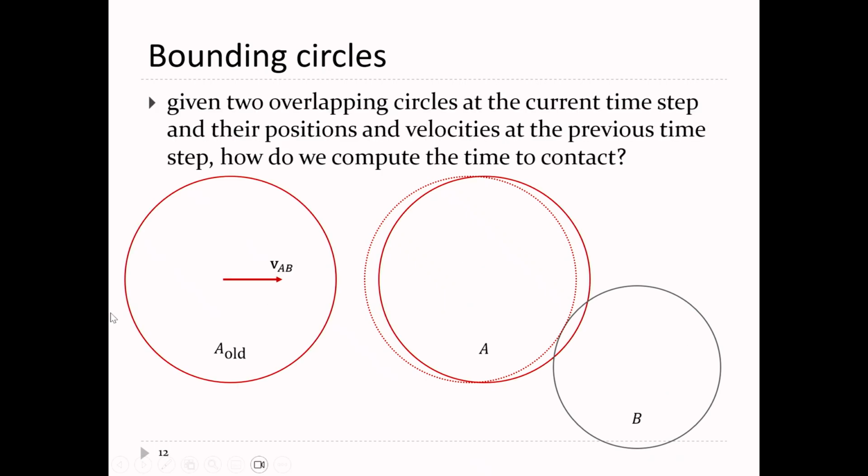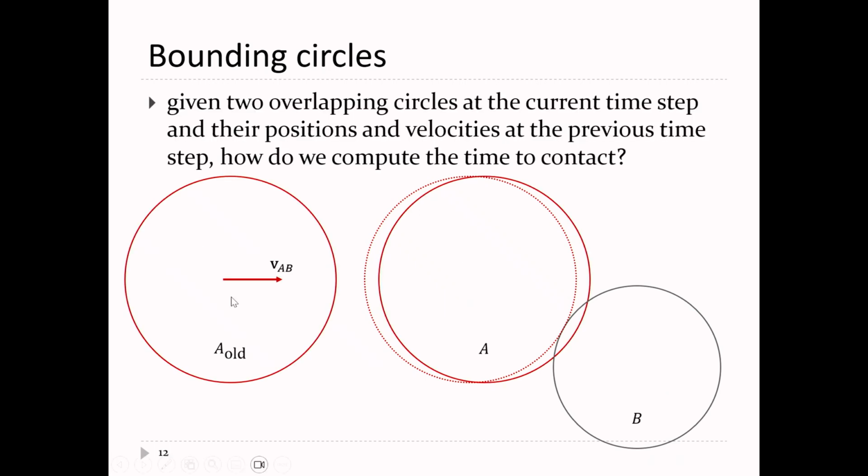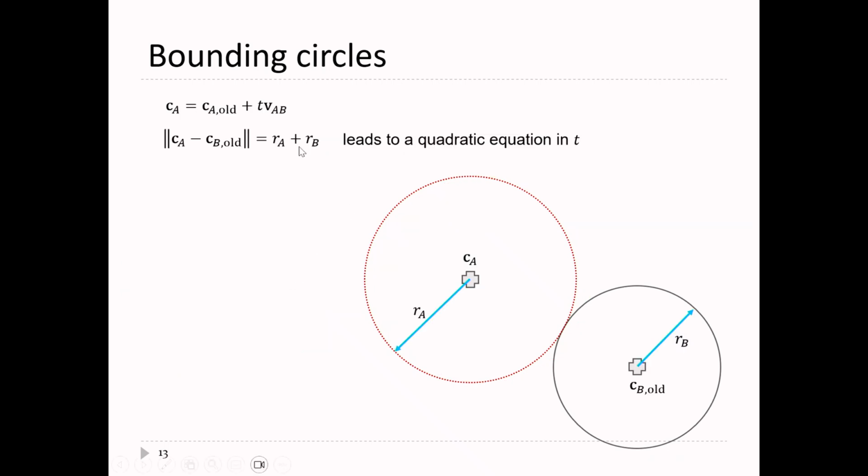So we start out here. At some point in the future, we end up at the point of contact. I'm going to call that CA. This is CB old. So I know that CA is equal to the old location of C plus its velocity relative to B, times some amount of time.